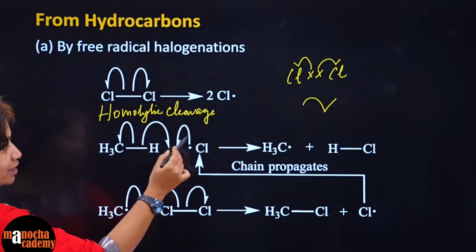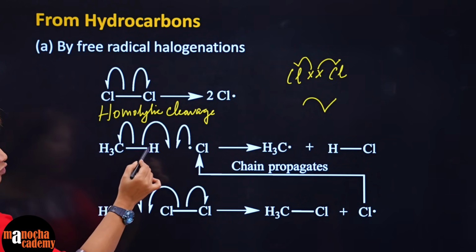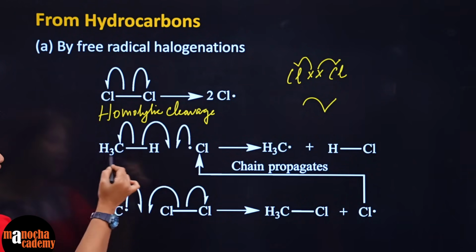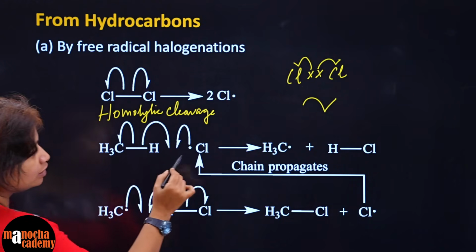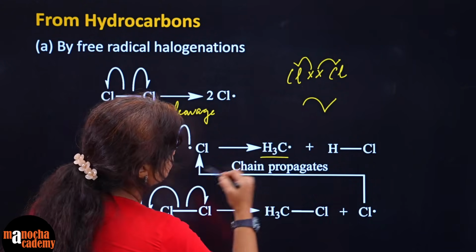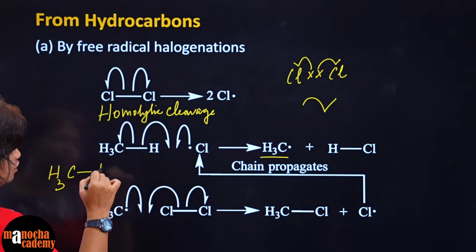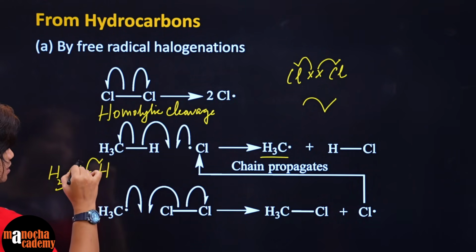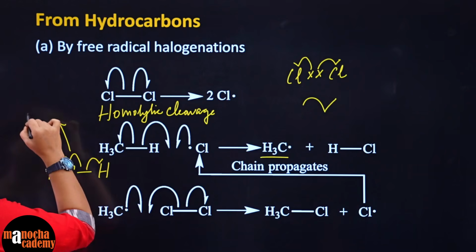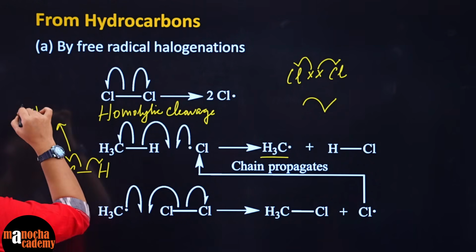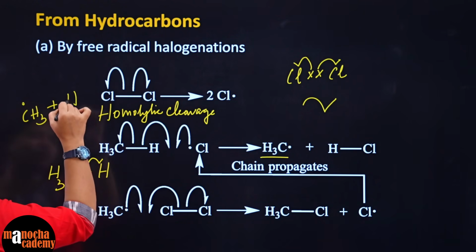This chlorine radical, again by homolytic cleavage, will abstract one of the hydrogens of methane. What you get here is a methyl radical, and this, see I am showing you here, CH3-H. So this is leaving. What you are getting is a methyl radical and a hydrogen radical.